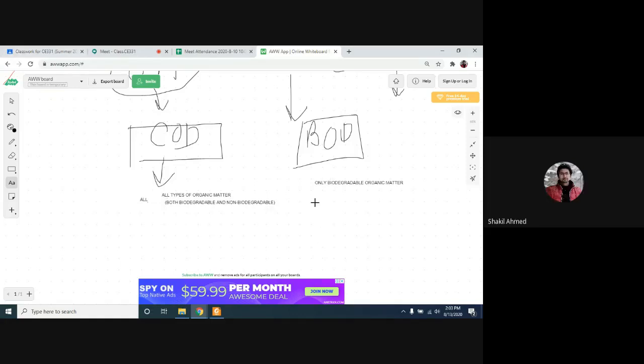Yes, sir. Okay. Now, COD is basically BOD plus non-biodegradable organic matter. Now tell me which one is larger, COD or BOD? From this equation, if NBOD is always positive, it cannot be negative, then which one is larger?